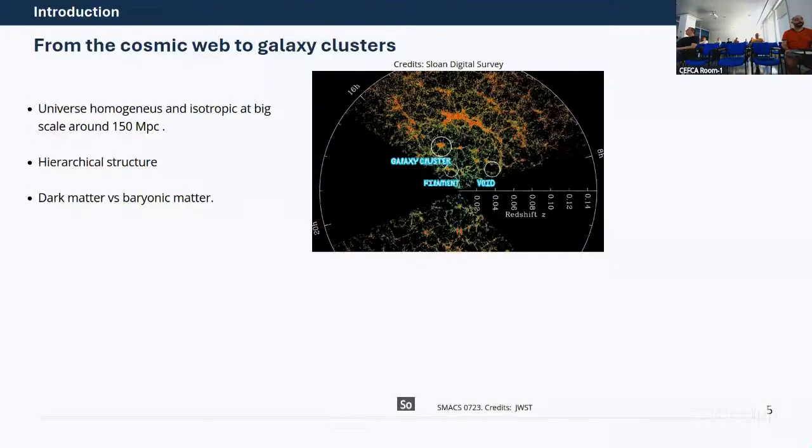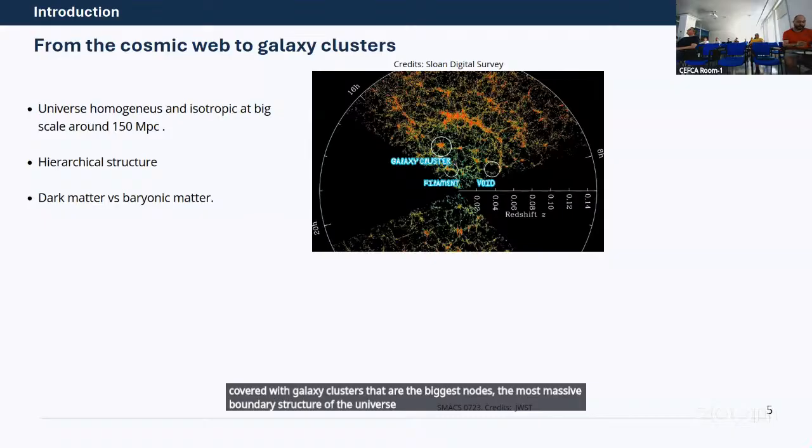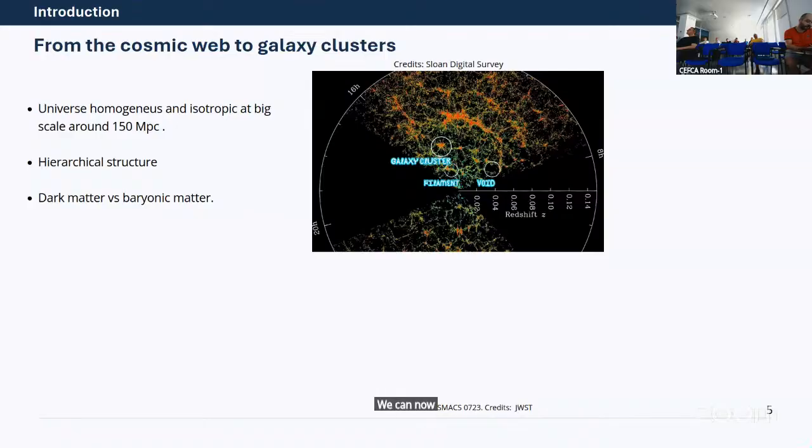So we have this cosmic web that is basically covered with galaxy clusters, which are the biggest nodes, the most massive part of the structure of the universe, linked with the filaments and voids. We can now study the environment of the galaxy clusters.